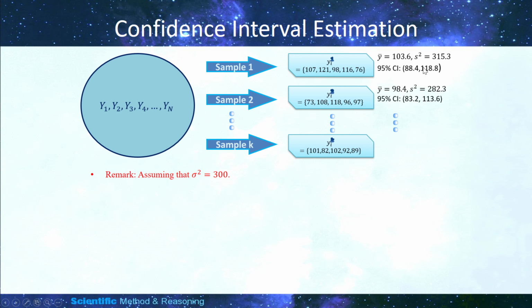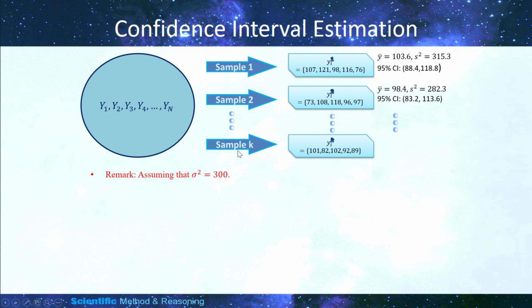For example, for the first observation, I can calculate the confidence interval for the mean to be 88.4 to 118.8. For the second one, the population mean will very likely fall between 83.2 to 113.6. They are different because they were calculated based on different samples, different observations.